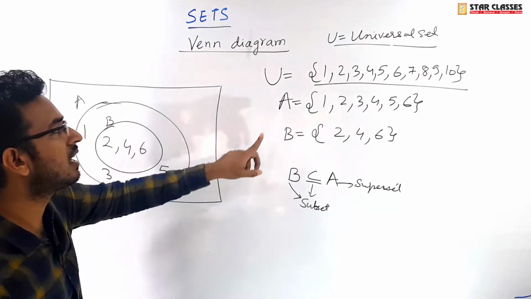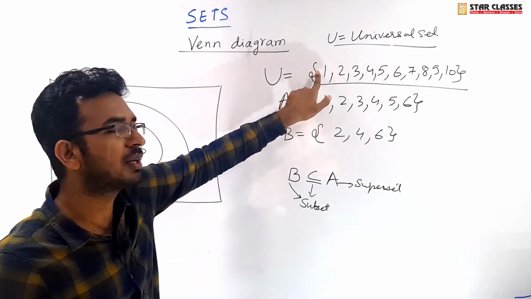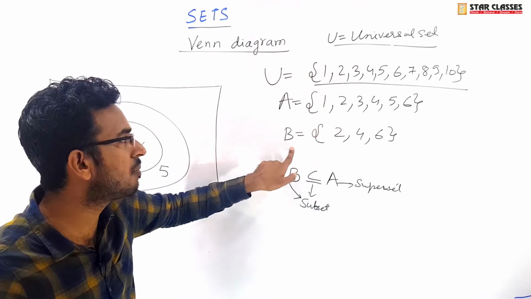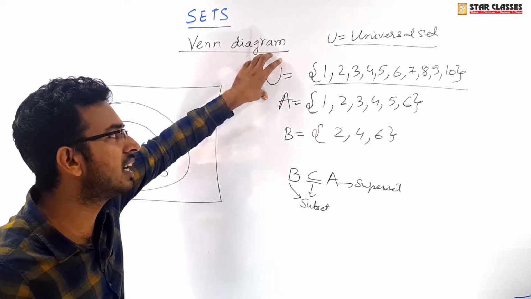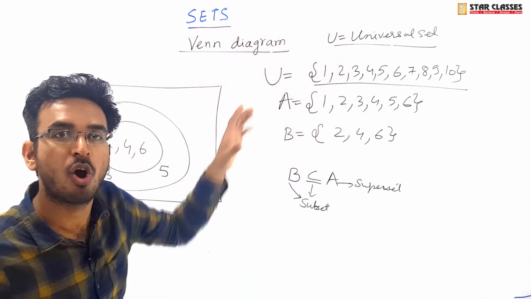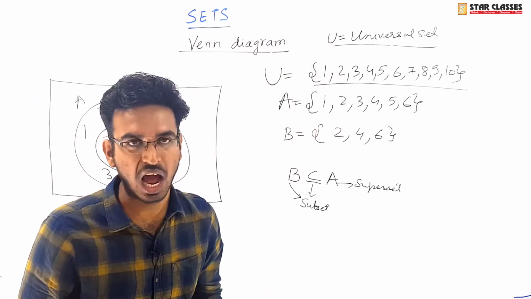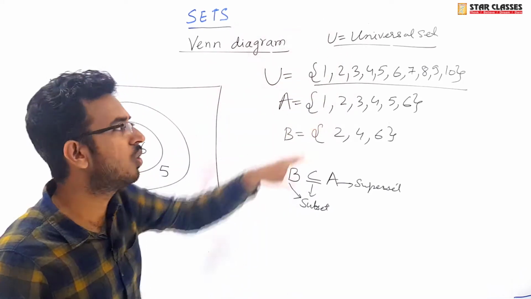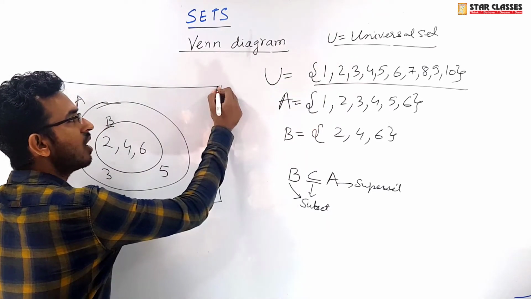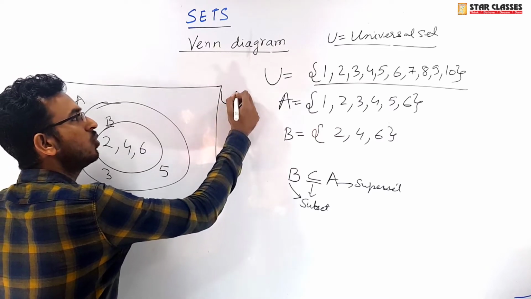So we can see that set A is subset of universal set and set B is also subset of universal set. So universal set is a set from which all the other sets are taken out. Okay. So I'll say universe is the biggest one. So when I draw a Venn diagram, I'll write U here.